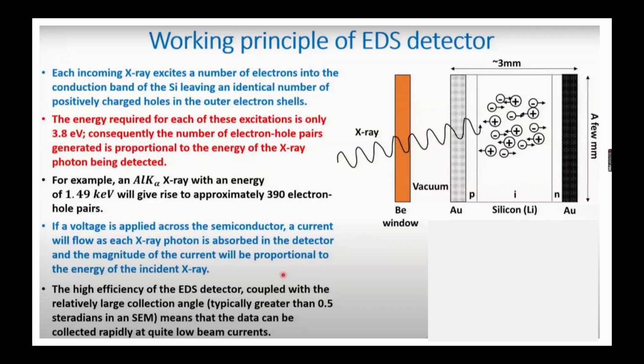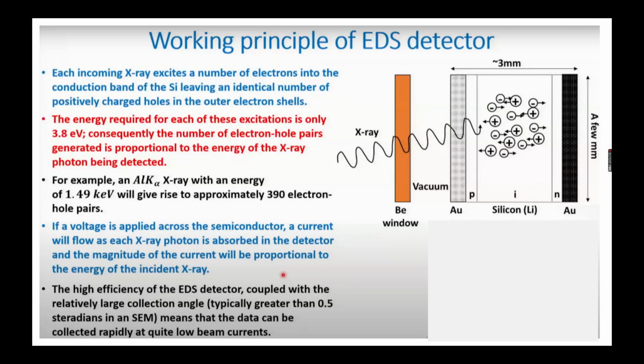So if you want to collect your data very rapidly with a low beam current, then you have to give some collection angle. This is in steradians, so that is 0.5. So here the answer for this question is that the excitation requires only 3.8 electron volts, and the X-ray energy is 1.49 kiloelectron volts.